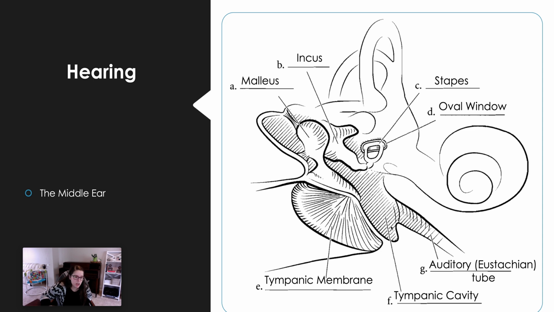When you have changes in altitude, or even pressure caused by inflammation or illness, the air pressure in that tympanic cavity can build up. In order to release that, we need to open the eustachian tube. And we do that by moving our jaw.